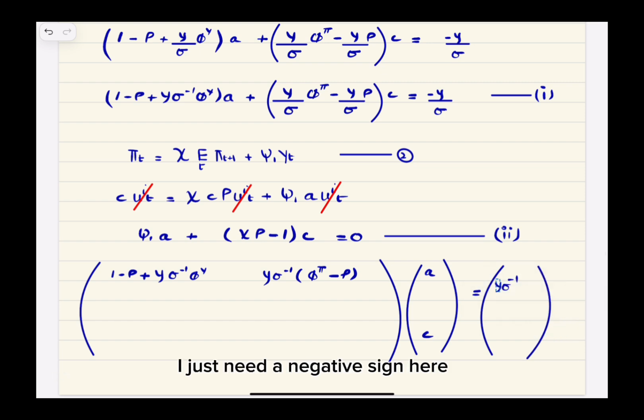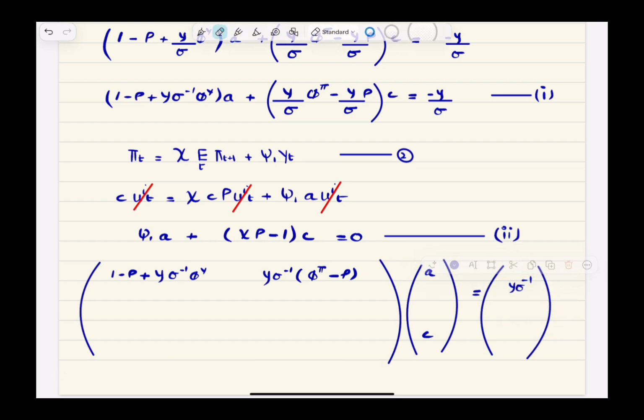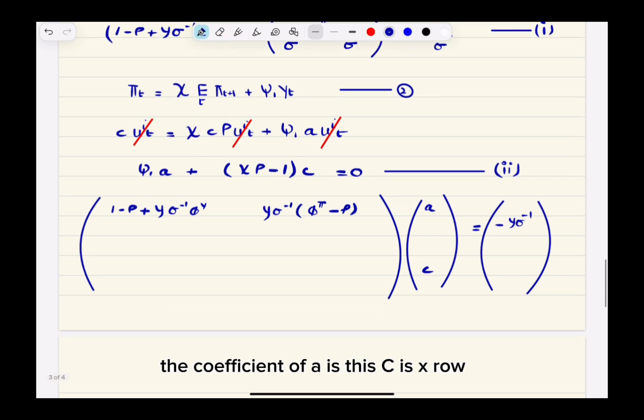I just need a negative sign here. Okay, perfect. I hope this is correct. Okay, the next equation, the coefficient of A is this. C is x rho, it looks like a P, minus 1. And there's a 0 here actually.